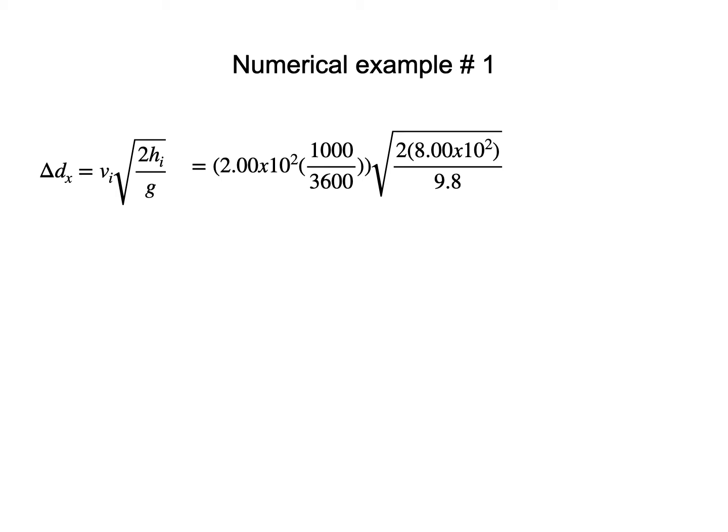The final answer is 7.10 times 10 to the 2 meters. In writing this answer, we are viewing g as a constant and do not consider it to be relevant for the decision about significant digits.